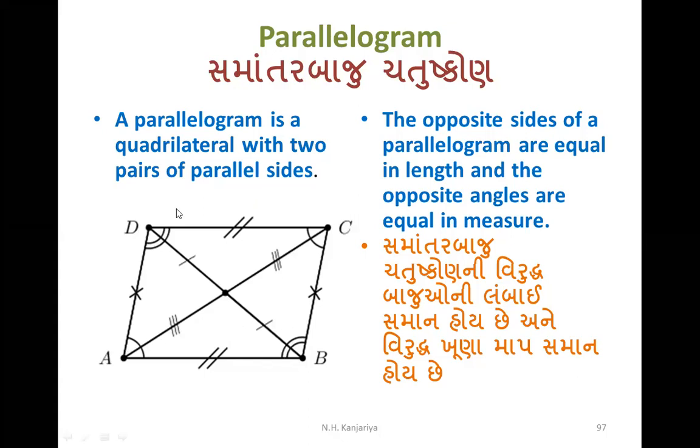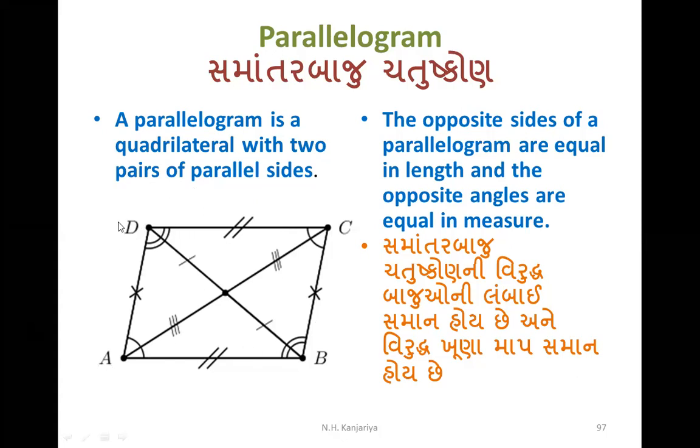So look here, the AB is parallel to CD, that's mean AB is equal to CD. If the AD is parallel to BC, so the AD is equal to BC. So the parallel sides also equal. In another word, you can say this opposite sides also equal.